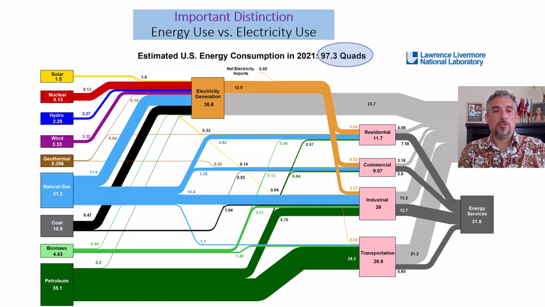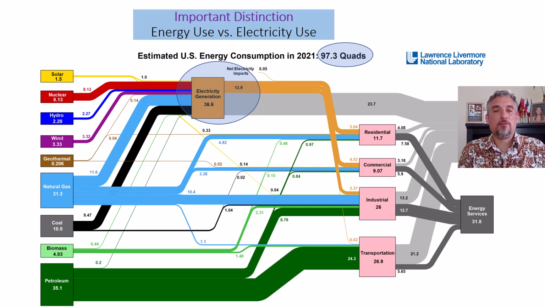Now, the chart below shows on the left side all the different energy forms that are used, and those are in quads as well. So the top box is solar, that's 1.5 of that 97.3. And at the bottom is petroleum, and that's 35.1 of that 97.3. The other number I want to focus on in this chart, as it relates to this discussion today, is electricity generation.